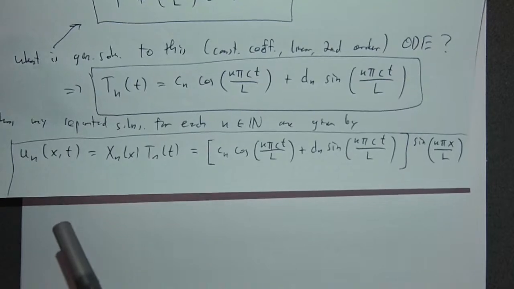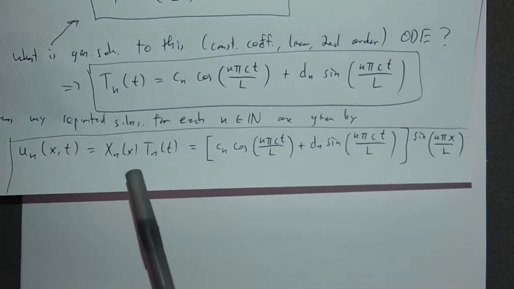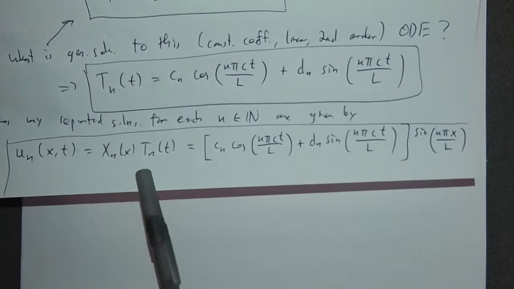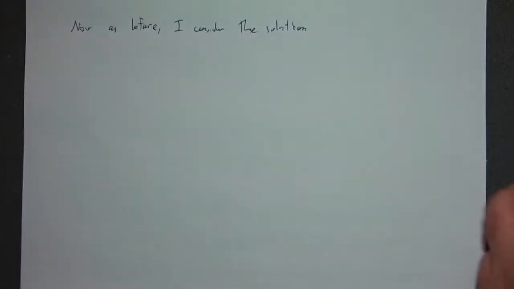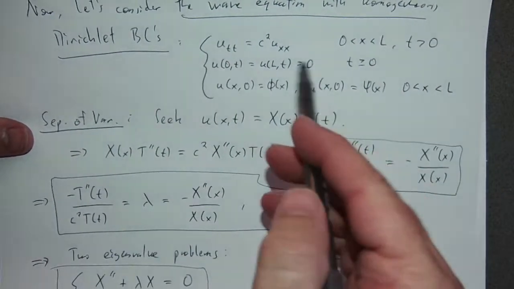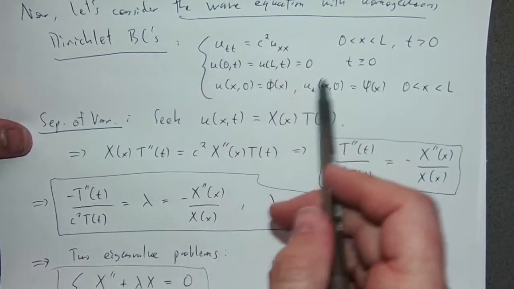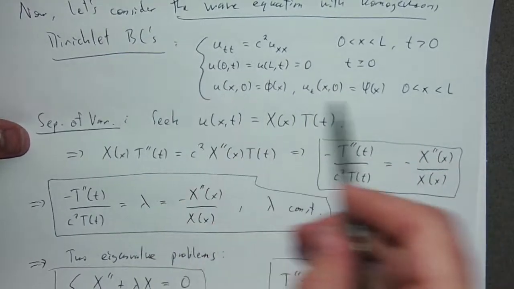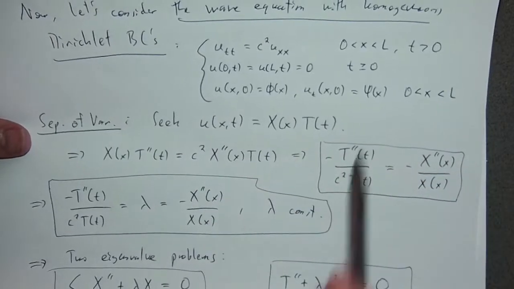But now I want to consider an infinite sum of these things that satisfies the initial condition. So far in my PDE, I've gotten something that solves the PDE and solves the boundary conditions, but whether it solves the initial conditions is the part that I'm working on, right? So I want to impose the initial conditions now, just like I did for the heat equation.